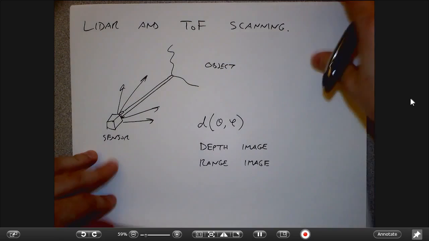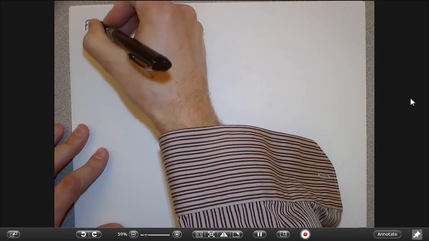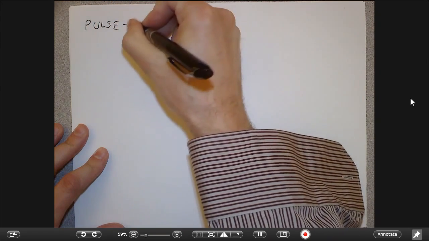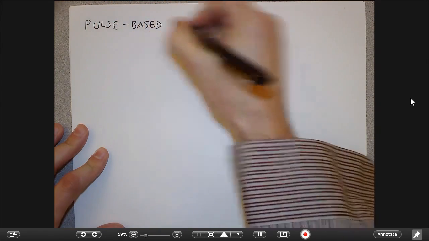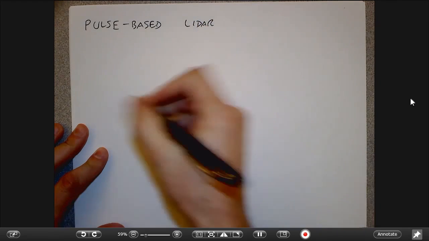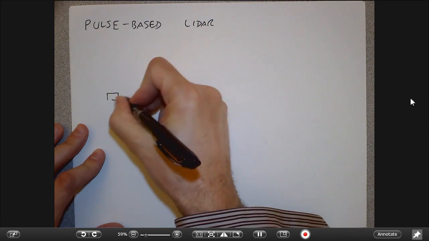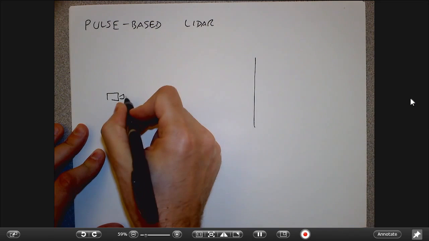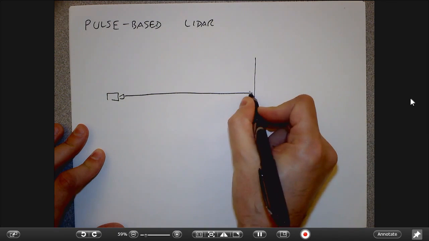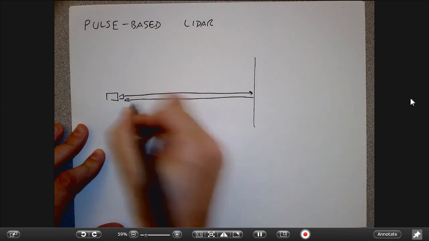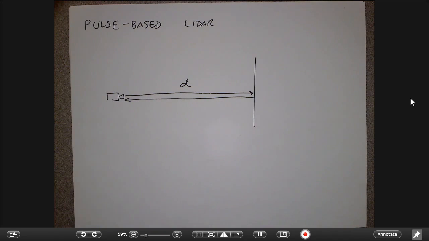There's a very simple equation for pulse-based LiDAR. I have my scanner, I have my object, and I send my laser pulse out. It bounces off this object and comes back to the scanner. The thing I want to figure out is this distance d.